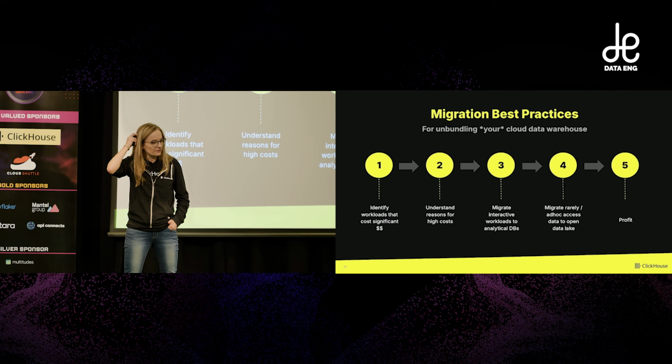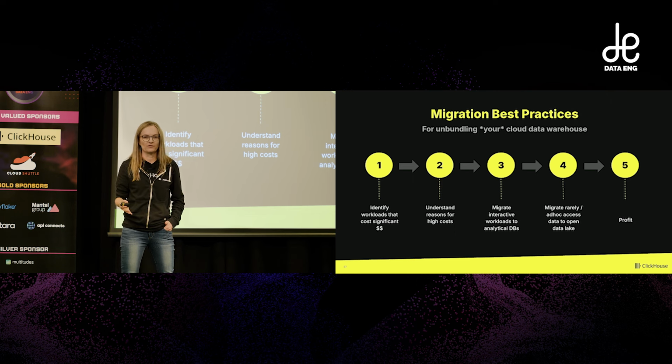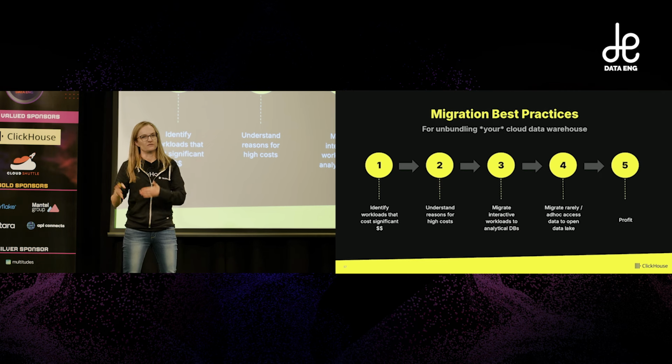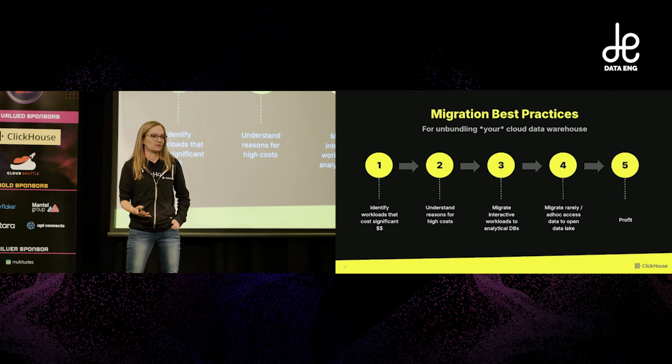And then when you think about your cloud data warehouse, and maybe unbundling is not the right word, but figuring out how to move toward this vision of a unified data platform, what I usually recommend to customers is look at your workloads and try to identify which ones are customer facing.